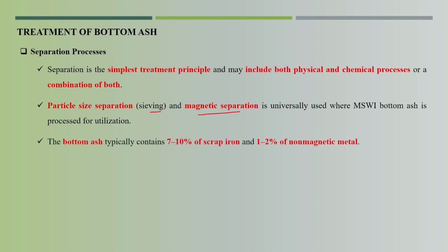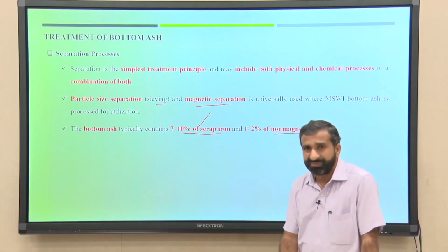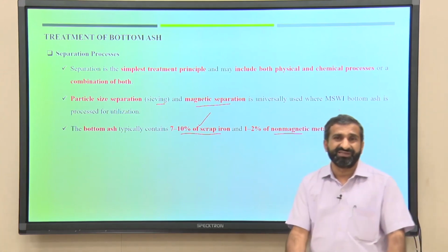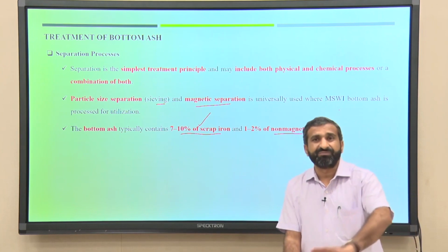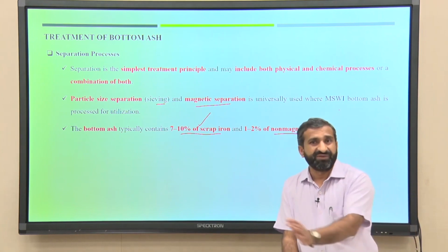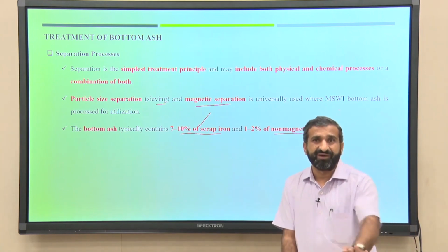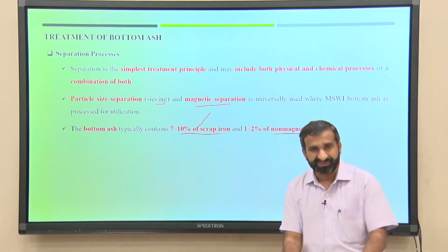The bottom ash typically contains 7 to 10% scrap iron and 1 to 2% non-magnetic metals. So, at least from the magnetic separator we can easily separate out this scrap iron. Particle size separation is also one of the important units, because different purposes require different particle sizes for utilization.